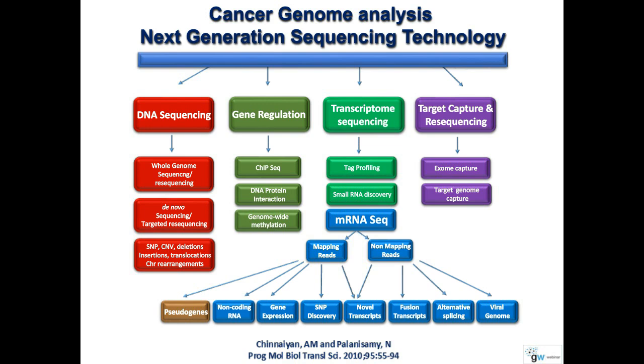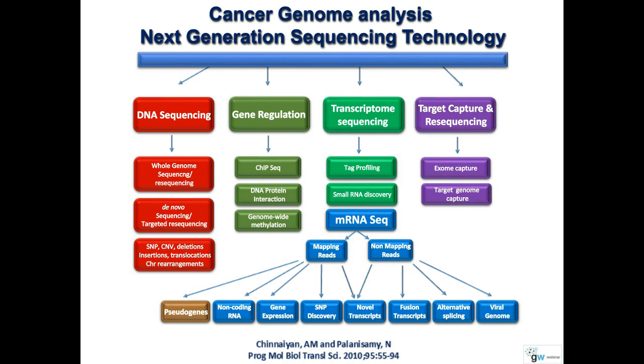As you see here, using next-generation sequencing technology, one can do several kinds of sequencing analysis, including whole genome sequencing or whole transcriptome sequencing, which we call RNA sequencing, and recently the most popular target capture and whole exome sequencing.